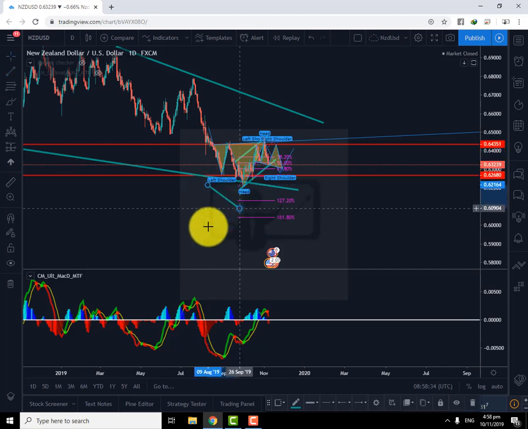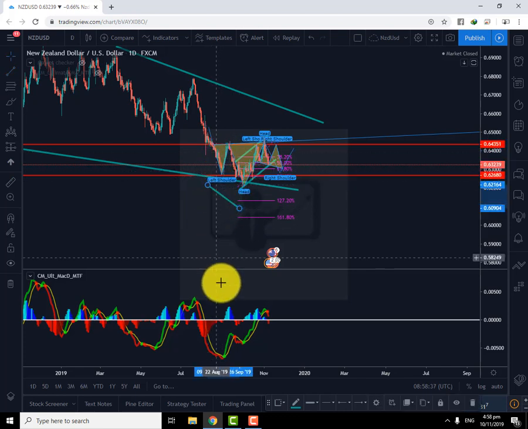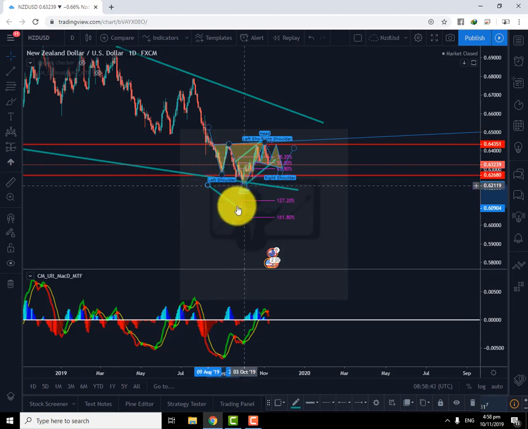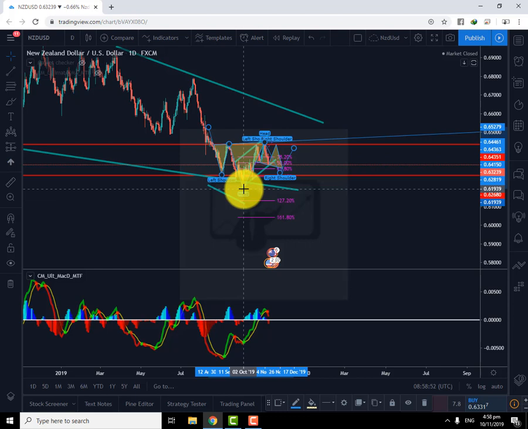The head is below the left shoulder. It has to be that way. That's the right pattern to create a head and shoulders pattern.